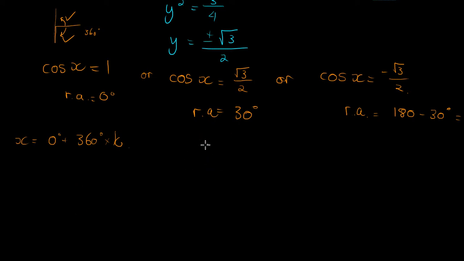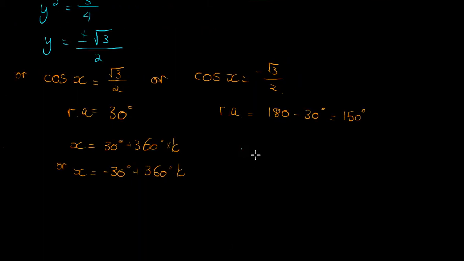And then this one would be x is equal to 30 degrees plus 360 degrees times k, or x is equal to negative 30 plus 360 degrees times k. And then this last one is x is equal to 150 degrees plus 360 degrees times k, or x is equal to negative 150 degrees plus 360 degrees times k. Cool.